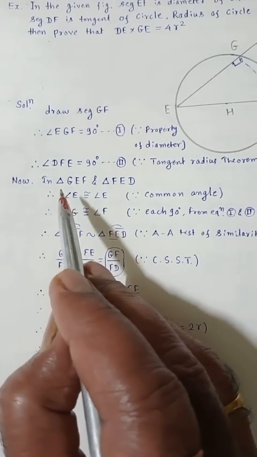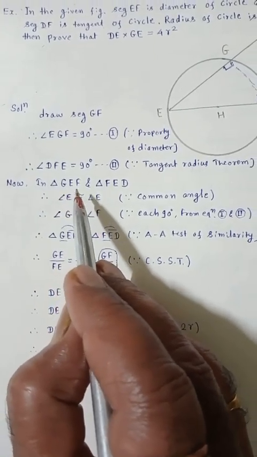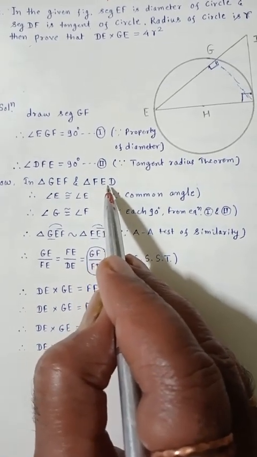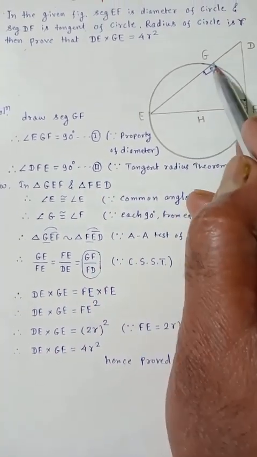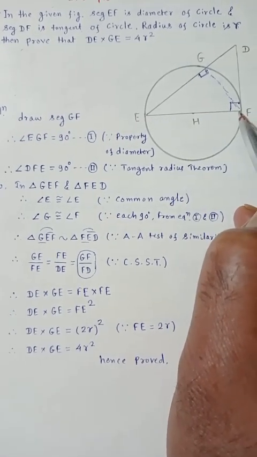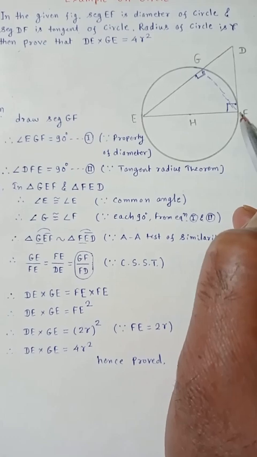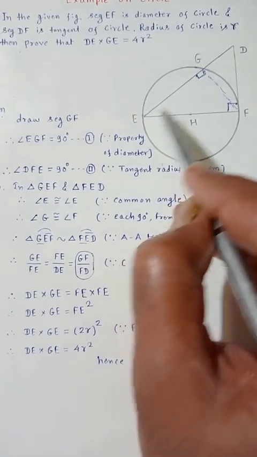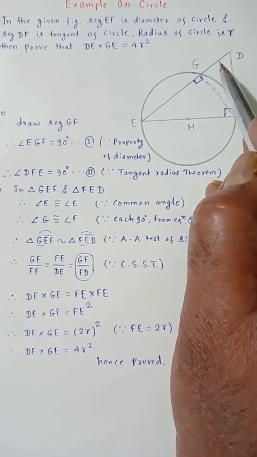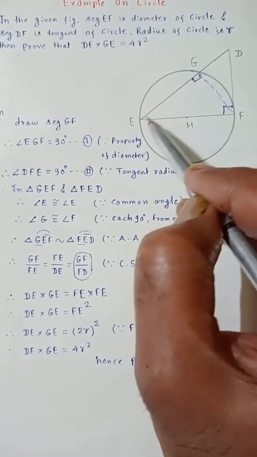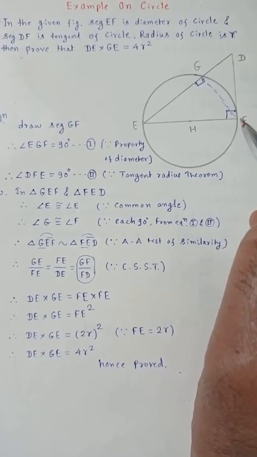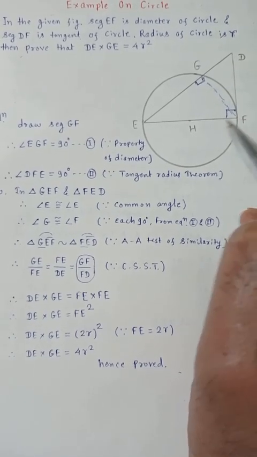Now, in triangle GEF and triangle FED, we have to take these two triangles, triangle GEF and triangle FED.